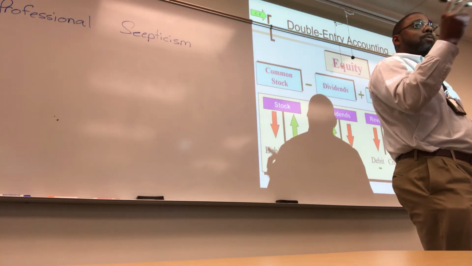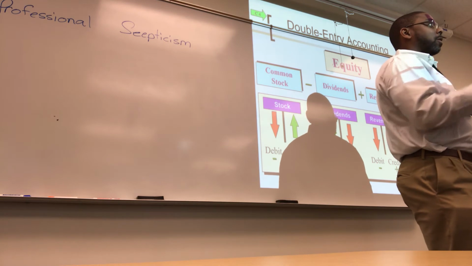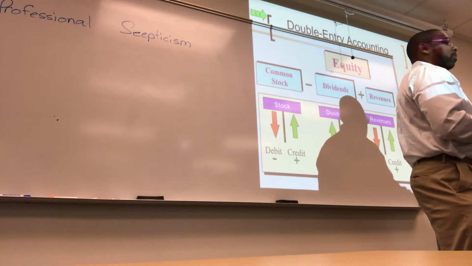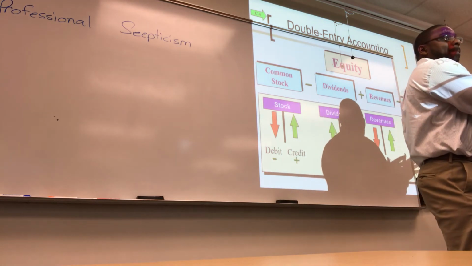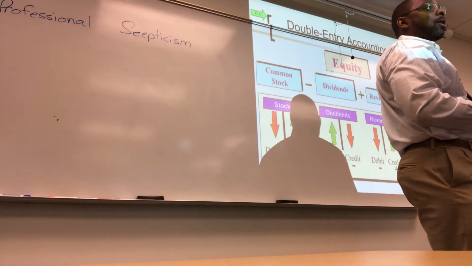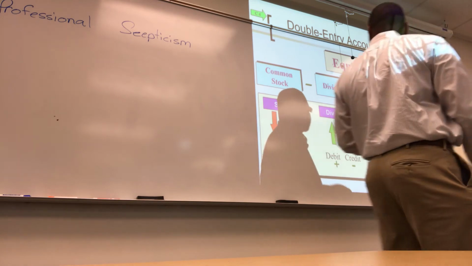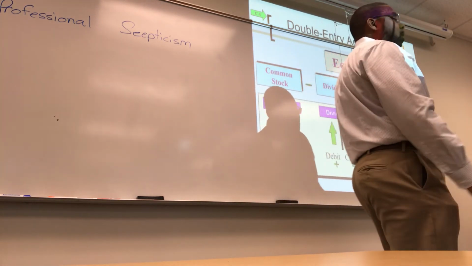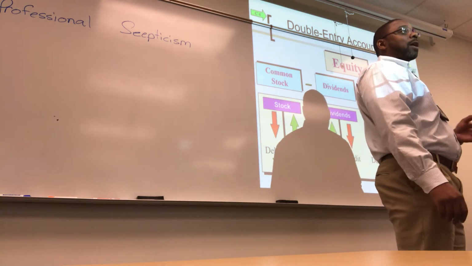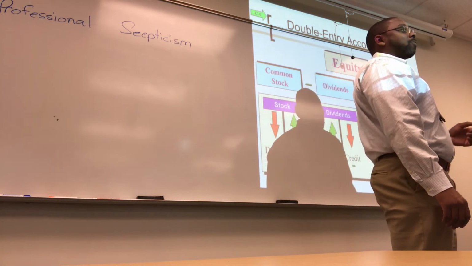Okay, so we're going to pretend that this is representative of capital, right? So we're giving him the capital. I'm representing Apple, and he is the investor. So we're dealing with common stock here. In order for Robertson to invest in Apple, what does he have to do with that capital?